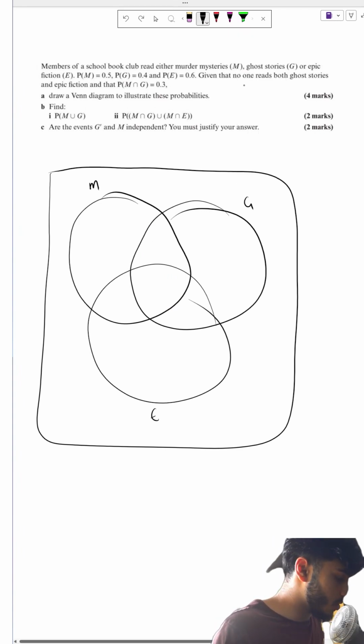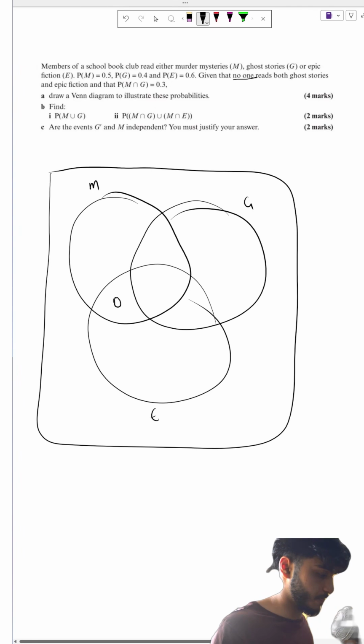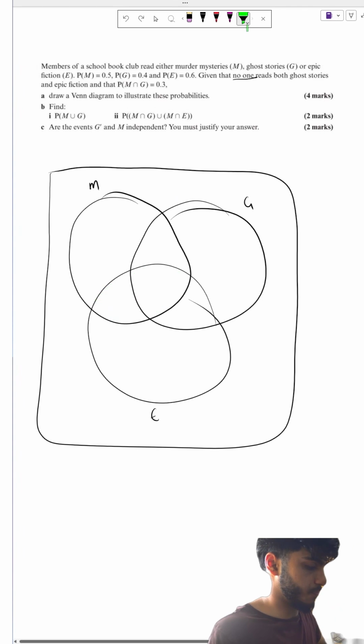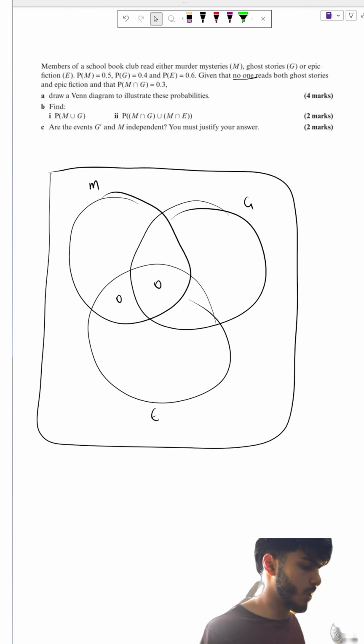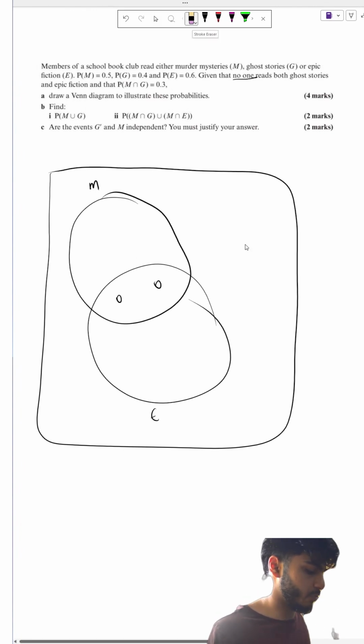Given that no one reads both ghost stories and epic fiction, so M and E, this is going to be 0. In fact, that's not going to be 0. It's going to be all of this. That's 0. Okay, so we have 0 here and 0 here. Do you understand that? Do we know why both of them are 0? Because if I get rid of this G temporarily, M and E have to be 0.